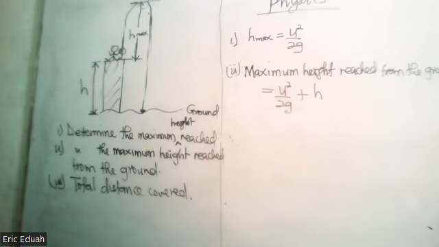Akosia, what do you also think? I think it's U squared over G. Okay, Yaba, what did you say? Because I said U squared over G plus H.